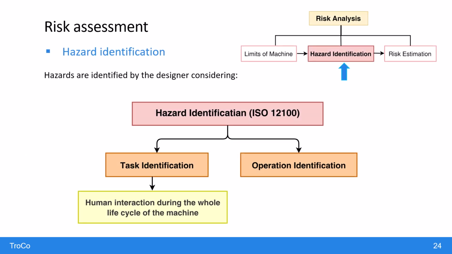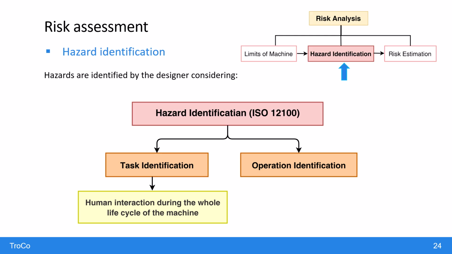The next key step in risk assessment is identifying hazards and hazardous situations across the machine's entire life cycle. This includes transportation, assembly, installation, commissioning, use, and dismantling stages, every step of the way. To identify hazards, we must look at both the tasks performed by individuals interacting with the machinery and the operations carried out by the machine itself.